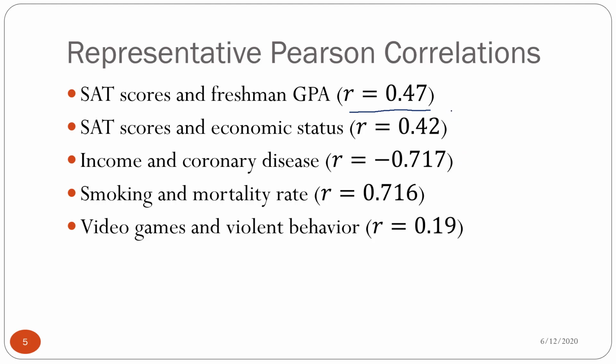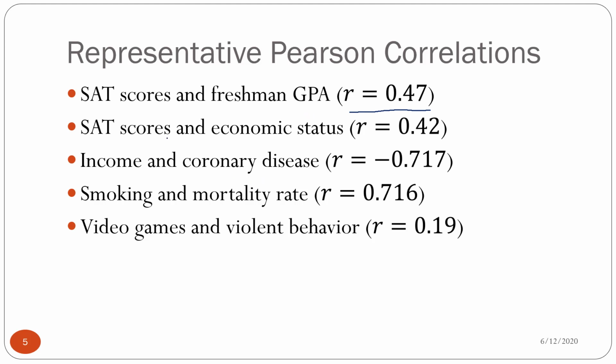If it was close to 0, then I'd say that the SAT score does not correlate with the GPA. If you give me the SAT score of a student and r was very close to 0, I won't say anything about the GPA of the student, because the correlation coefficient is pretty low. But since this is a reasonable correlation coefficient, 0.47, I can say that, on the basis of this correlation, the student who has a better SAT score will end up getting a better GPA.